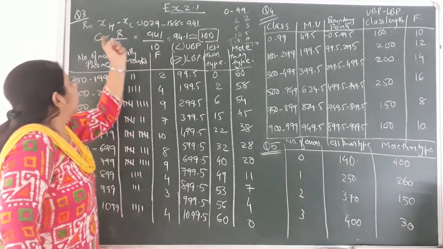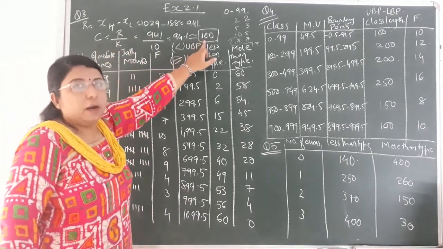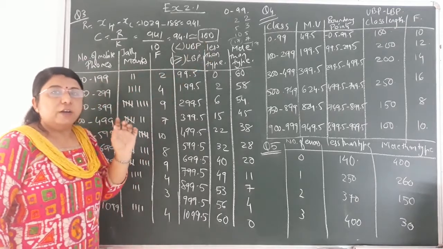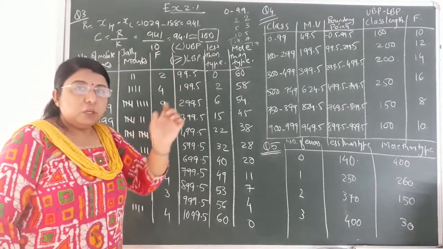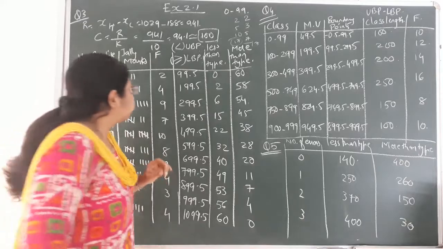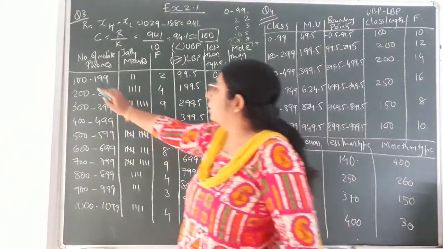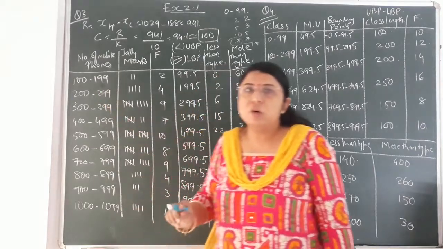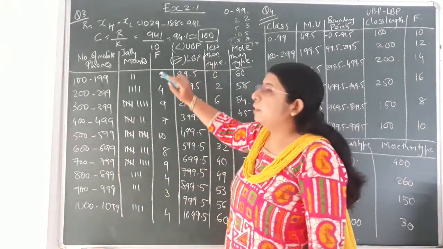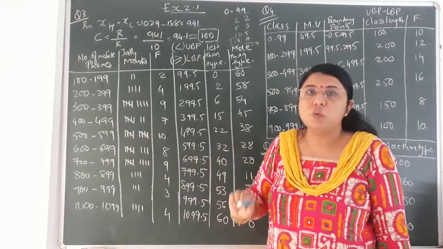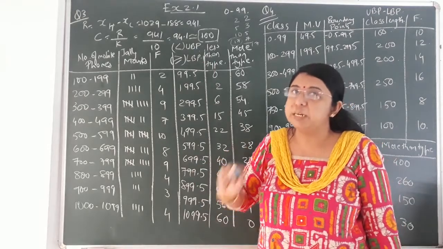Okay, so we have taken the class length to be 100. So a difference of 100 will be kept between each of the classes. Over here you can see the first class that I have taken is 100 to 199, because we had already discussed that the first class should always include the minimum value.